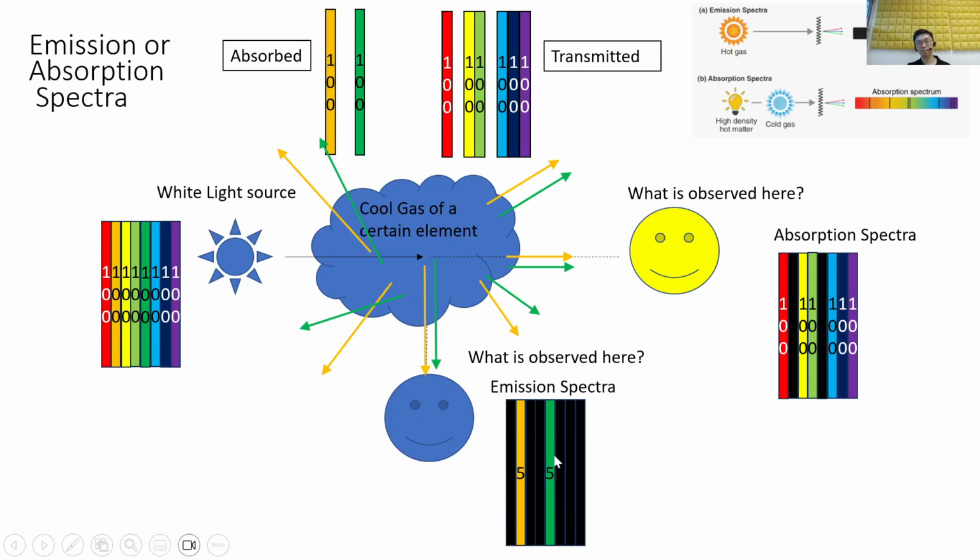Here we also have a question. If some light is also redirected in the direction of the initial observer, the yellow smiley face, why do they still see dark lines here? It's because the 100 photons are redirected in all directions, so maybe he only sees 5. Five is practically nothing.